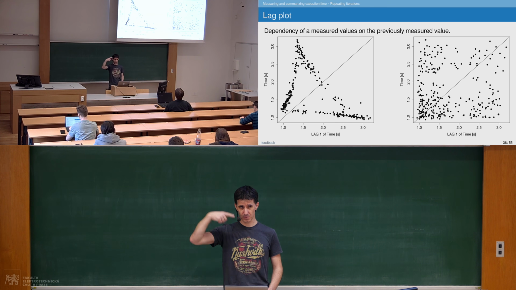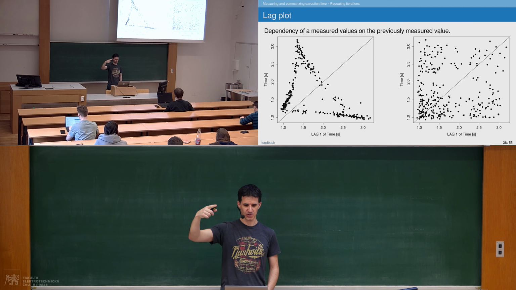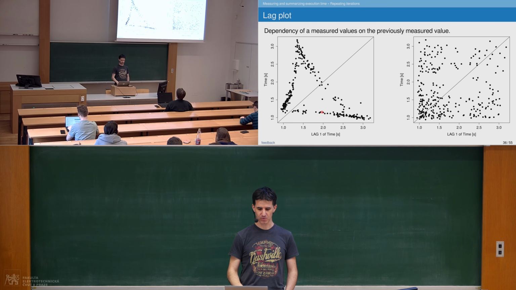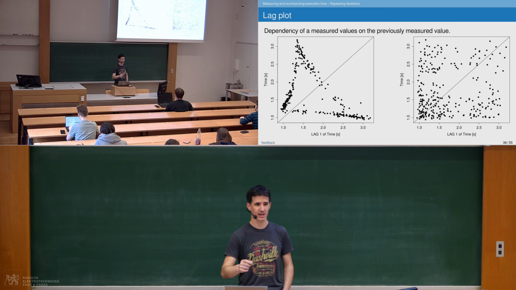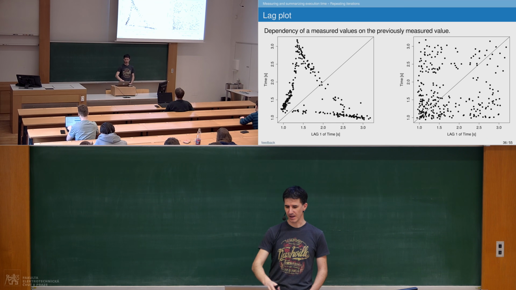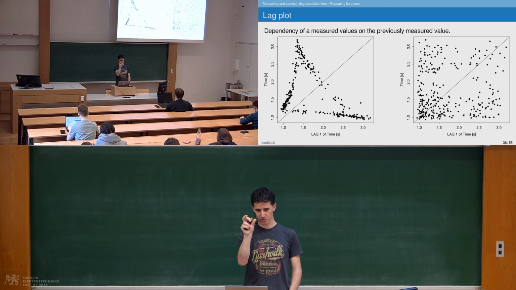Then you measure another value in the second iteration, and let's say for the first time you measured 2, second time you measured 2. So it gives you this point. So you are always taking the current measurement and the previous one, and for those consecutive measurements, you create 1 point.